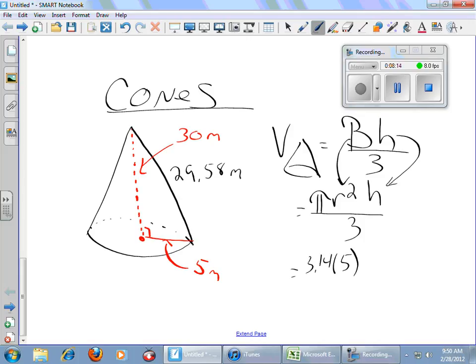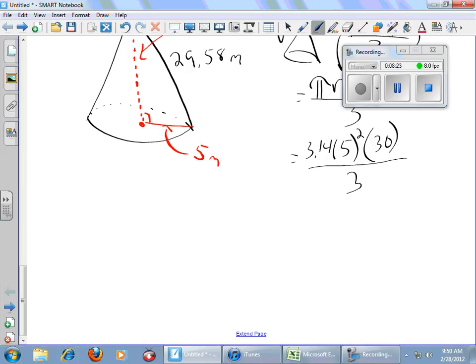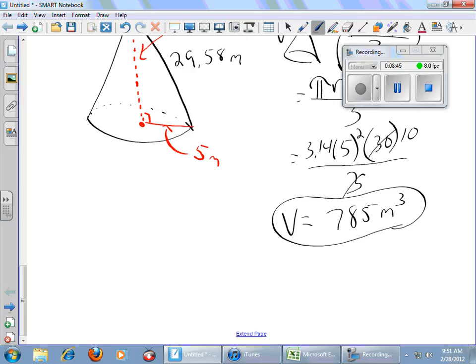The radius is 5, and the height is 30. And I'm going to divide by 3. Now, again, instead of dividing, I can say, well, that's 10. If you don't want to do it that way, you don't have to, but I think it makes the math a lot simpler. So 3.14 times 5 squared times 10, and it looks like the volume of this cone is going to be 785 meters cubed. 785 cubic meters. There's the volume.